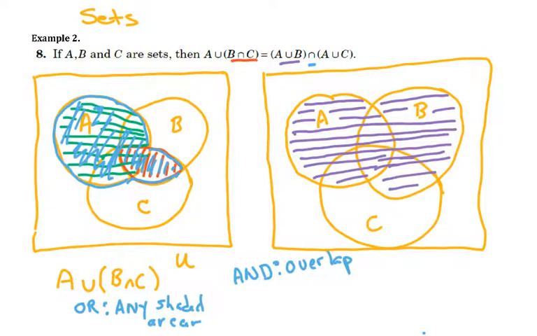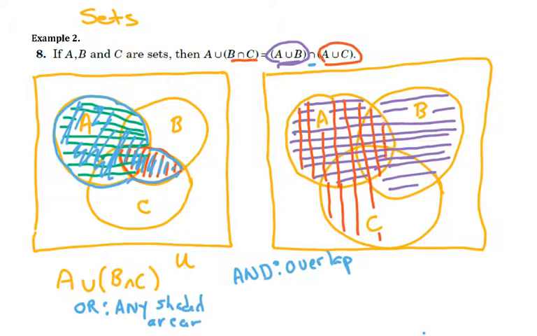So that's A union B. And then I will shade A union C in red, and I'll also use a different orientation. So I want all of A and everything in C as well. It's an or. So shading all of A and all of C.